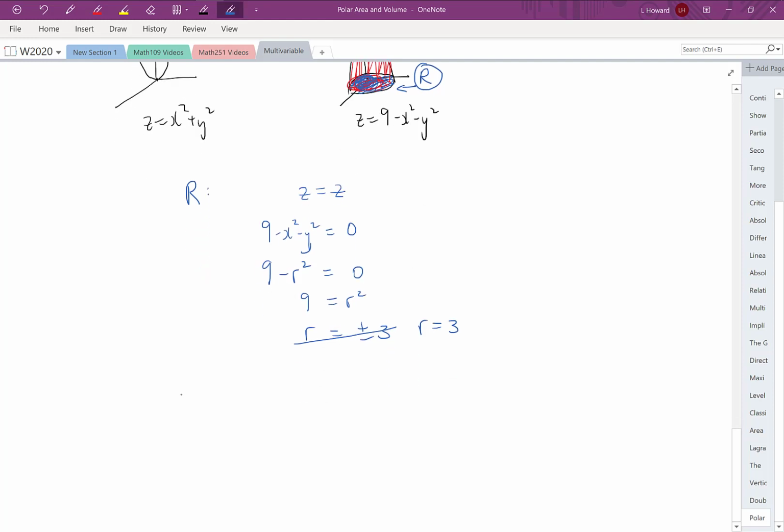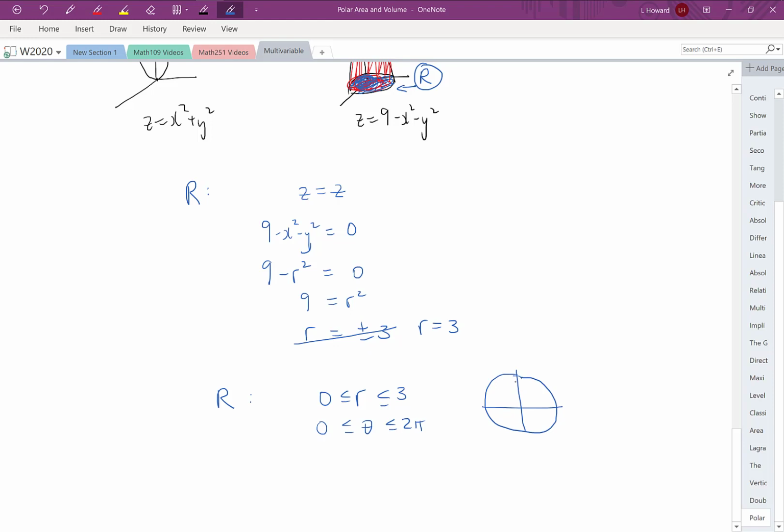So we can now give the complete description of what that region R looks like. Radius values are going to range between 0 and 3, and theta values are going to range between 0 and 2 pi. So if we look at this region R just in the xy plane, it's just a disk of radius 3.